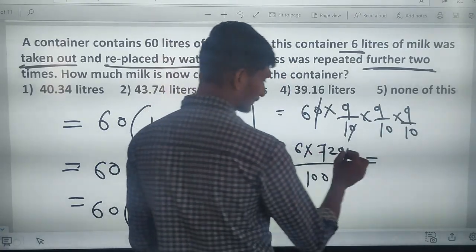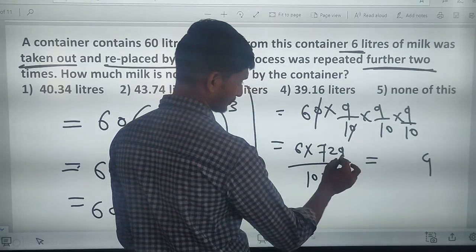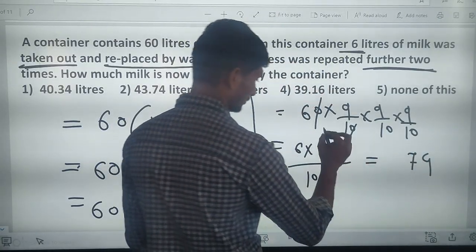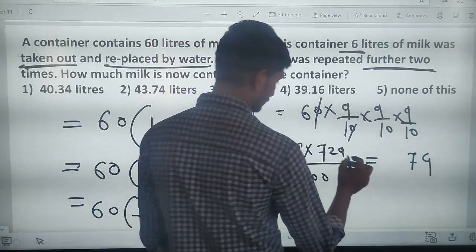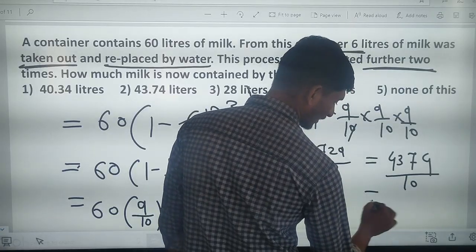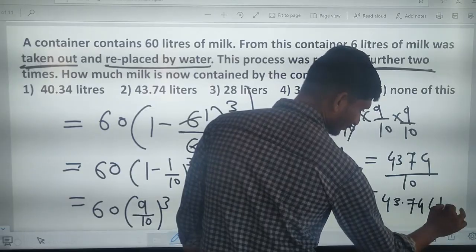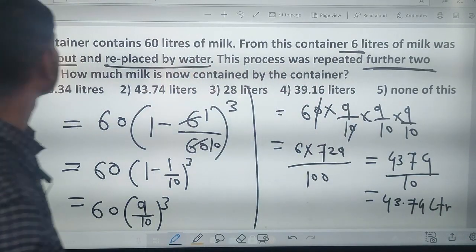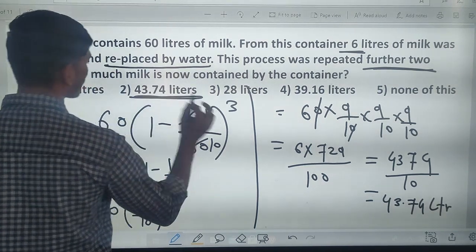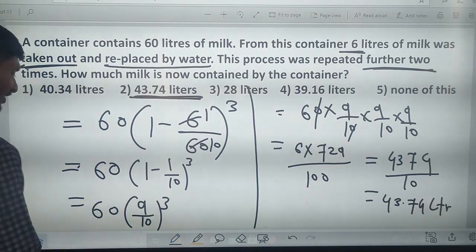Now multiply. Divided by 100, that is 43.74 liters. Now the milk in the container is 43.74 liters. Next.